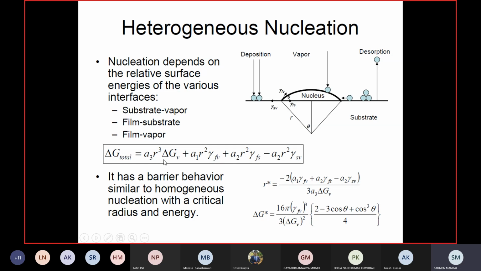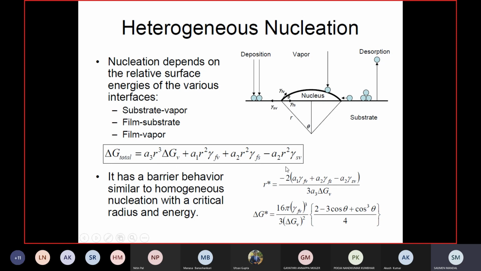In this equation A1, A2, A3 are constants, and as I told you, there are three surface energy terms: gamma film-vapor, gamma film-substrate, and gamma substrate-vapor. From there we can calculate the overall energy change.